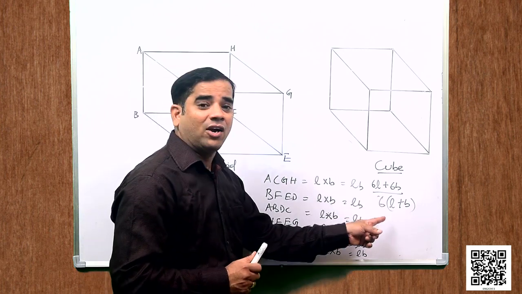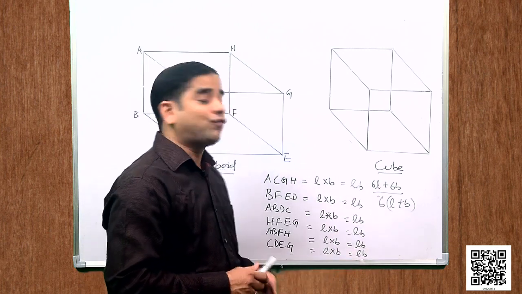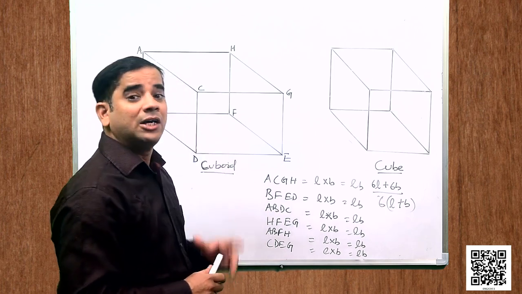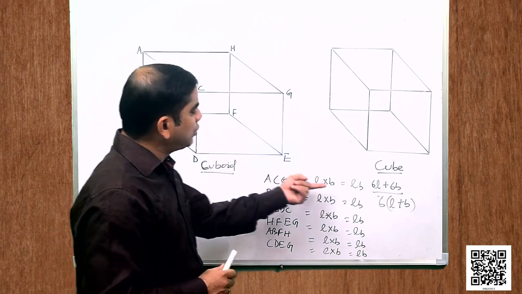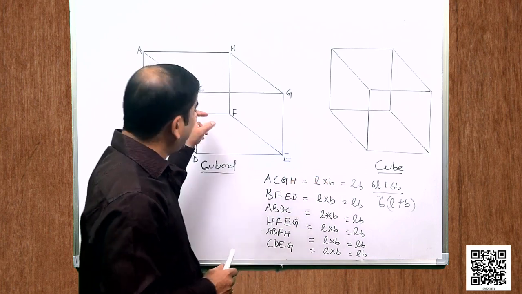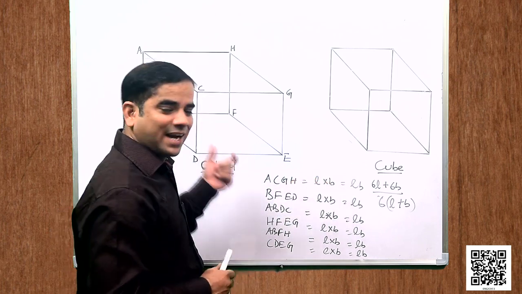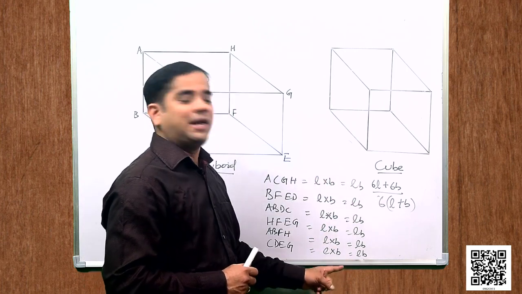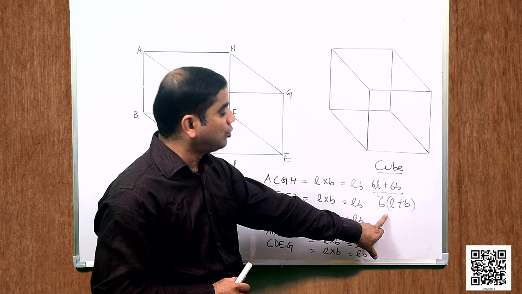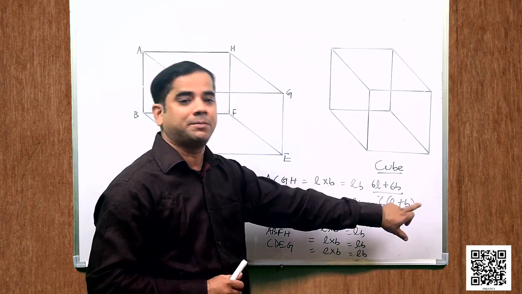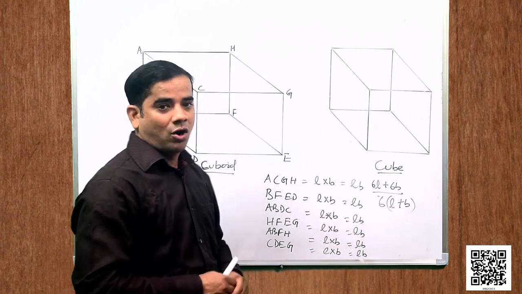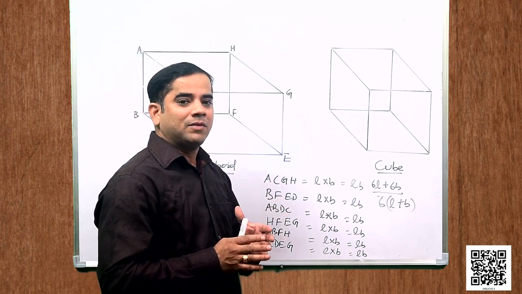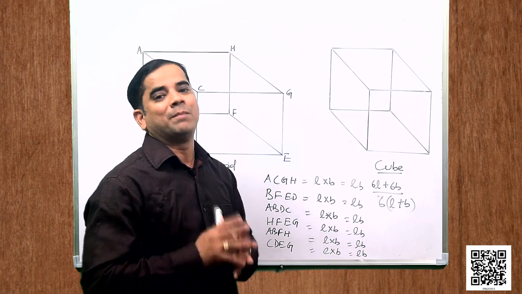So we cannot use this formula to find the total surface area of the cuboid. Though we use the formula L into B for each rectangle, if we add all the formulae together to get 6 into L plus B, this will be wrong, because the rectangles have different lengths and breadths.